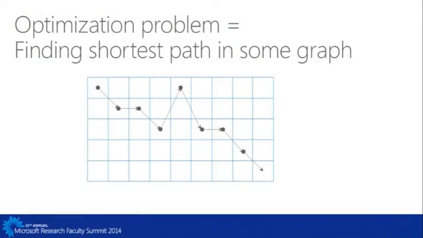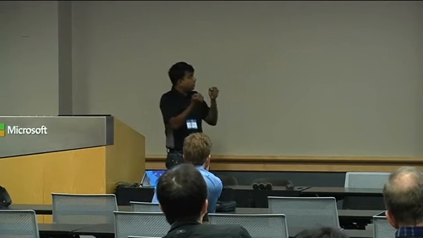optimization problem as finding a shortest path in some graph. For example, in this graph, each of the cells is going to be a node, and there are going to be edges between the different cells, with a weight on each of these edges, and you're interested in finding the shortest path from this node to this node here.